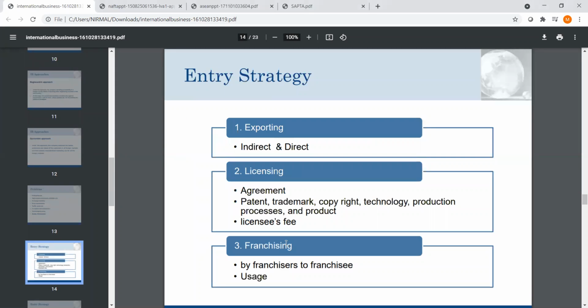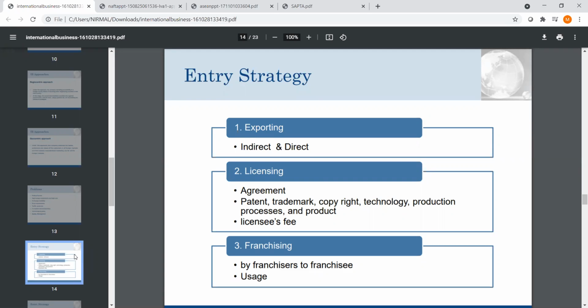So these are the various entry strategies: exporting, indirect and direct, and licensing agreements. I told you about these types of international business, right?